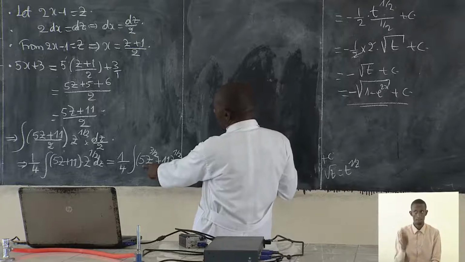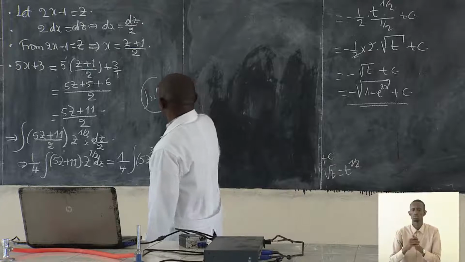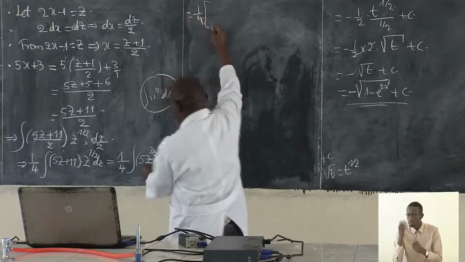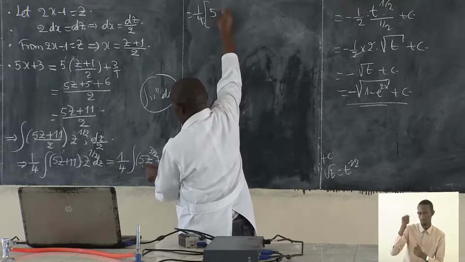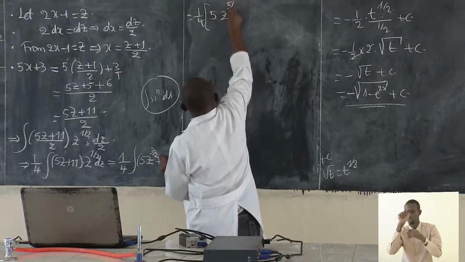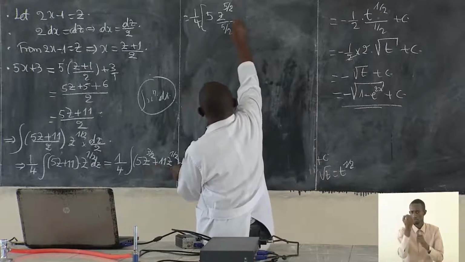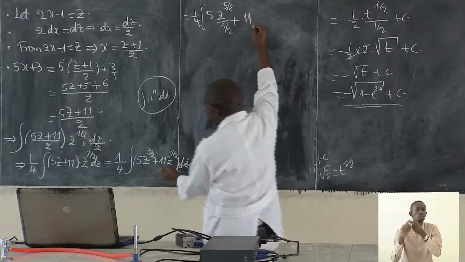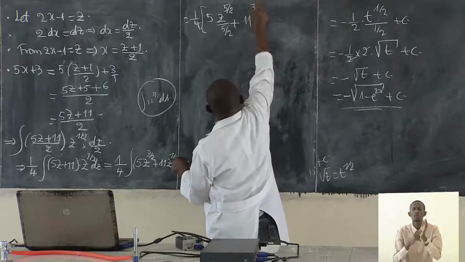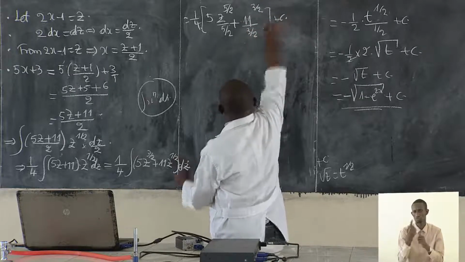This is the general form of the integral of x power n dx. So we'll be having 1 divided by 4. This is 5 times z power 3 divided by 2 plus 1, that will be 5 divided by 2, over 5 over 2, plus 11 z power half, that is a half plus 1, which is equal to 3 divided by 2, over 3 divided by 2, then plus c.